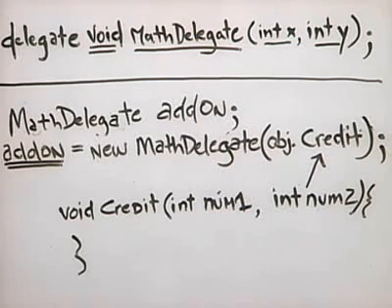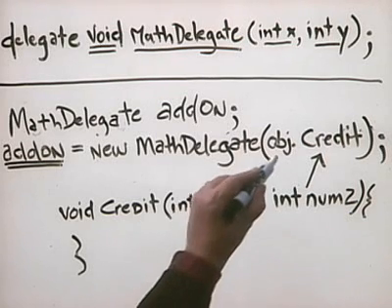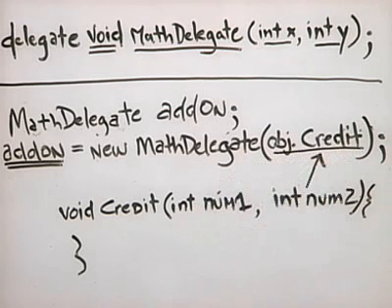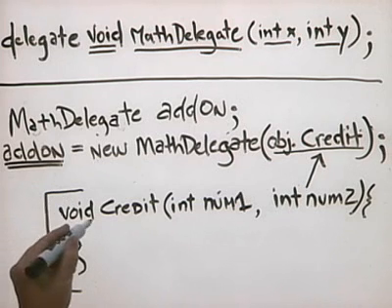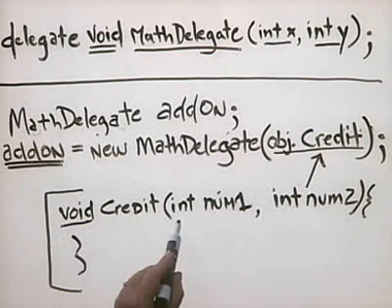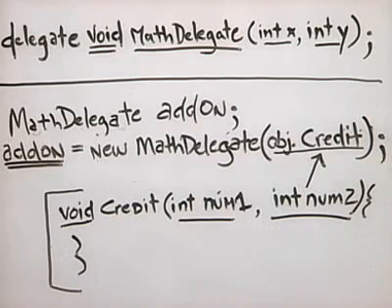Credit is a method of an object called obj. Notice that there's no signature listed here. When you indicate that constructor argument, you simply list the name of the method itself and not the entire signature of the method. Remember, delegates are type safe, meaning that Credit better look something like this. It's got a void return, and it's got two integer arguments.